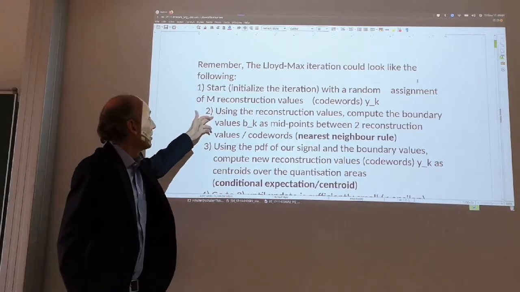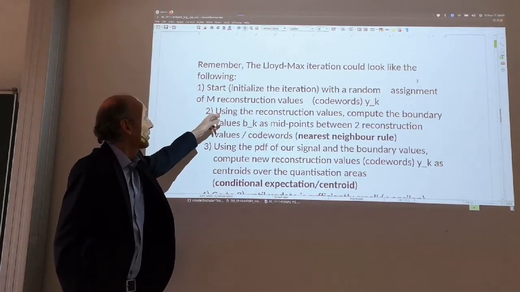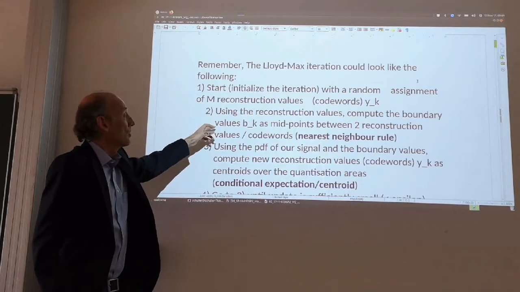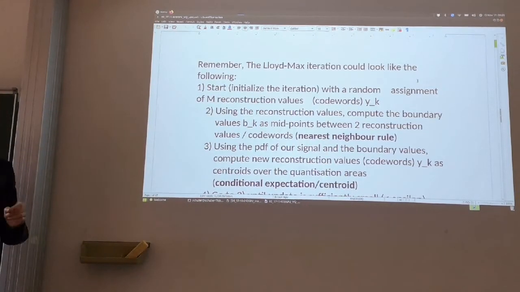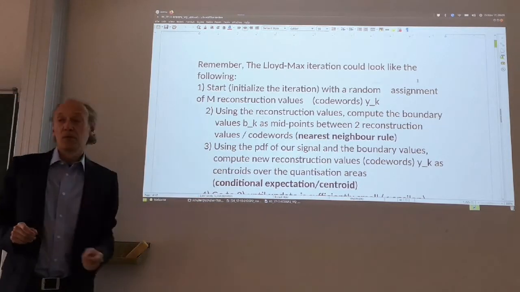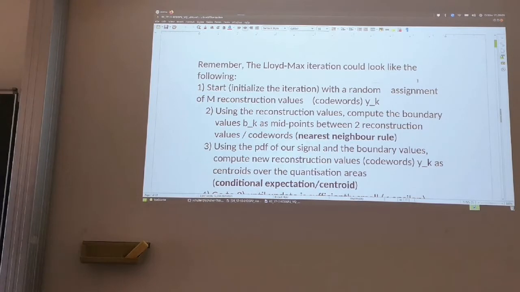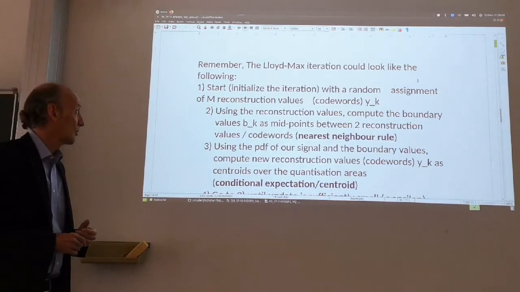And then, using those reconstruction values, we can compute boundary values as the midpoint between two reconstruction values or code words. And this can also be generalized: instead of having just a value, we now have a boundary between two reconstruction values.